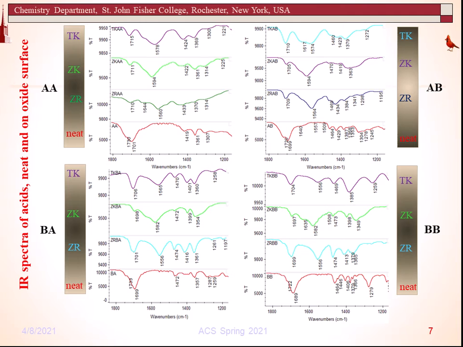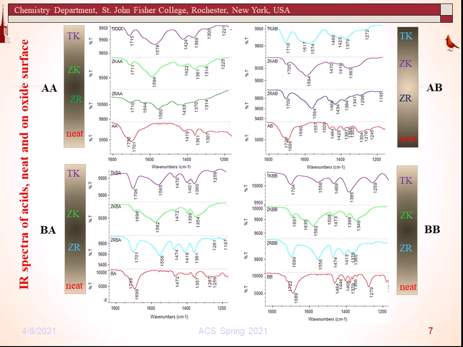In the infrared spectra, neat acids shown in red color have two bands, 1701 for the carboxyl group and then 1730 for the carbonyl group. After the deposition, the carboxyl group signals shift to the 1560, 1594 region, indicating formation of bidentate carboxylates.